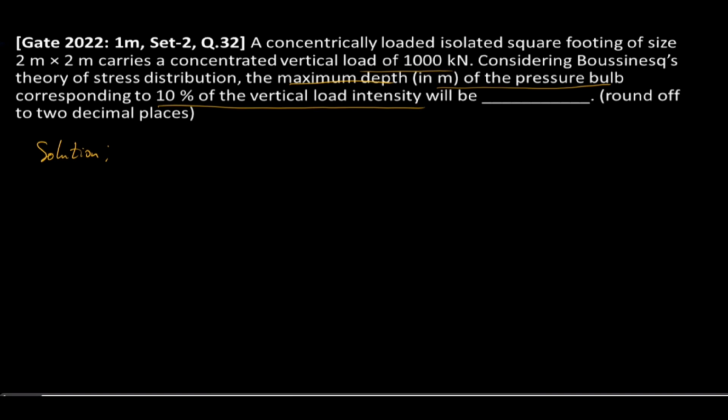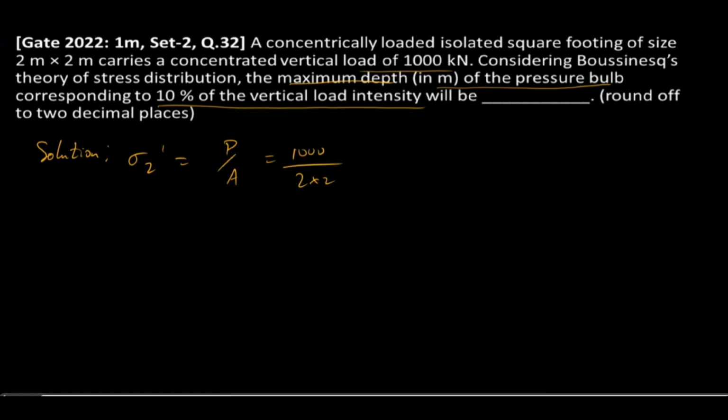Solution. So the vertical stress acting below the square footing, we'll take this as sigma z dash, that is P by A, which is nothing but 1000 divided by 2 into 2. They have asked us to consider 10% of the vertical loading intensity.